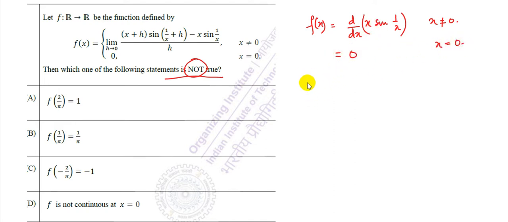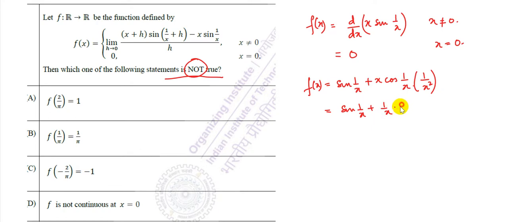So the derivative of x sine 1 by x will be sine of 1 by x plus x into cos of 1 by x into 1 by x square. So which gives us sine of 1 by x plus 1 by x into cos of 1 by x.